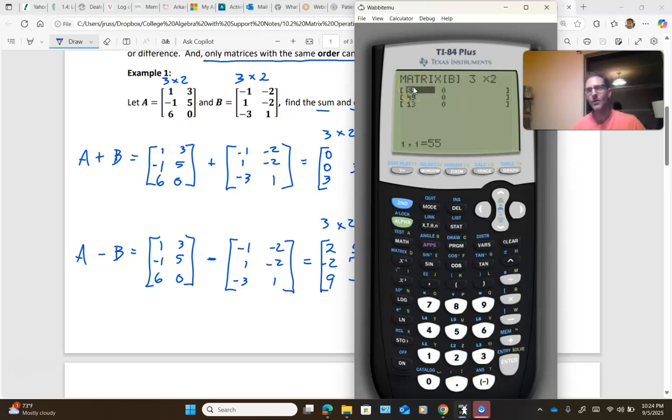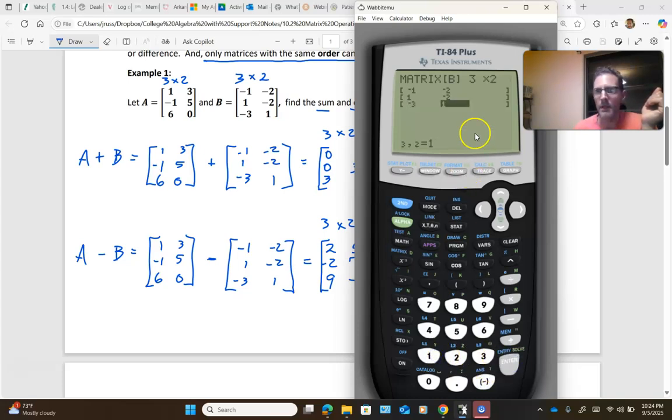That's why I like showing you how to solve those systems of equations using matrices, so that hopefully now you're already familiar with how to input them. So negative 1, negative 2, 1, negative 2, negative 3, and finally 1.